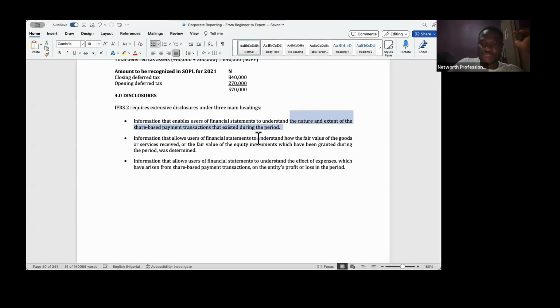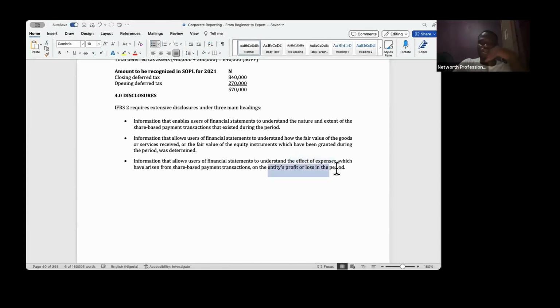You also need to allow users to understand how the fair value of the goods or services received is determined, and also how the fair value of the equity instrument is determined. You need to explain that extensively in your disclosure. You also need to explain the effects of this share-based payment transaction, all of those expenses, on how it has impacted your profit.